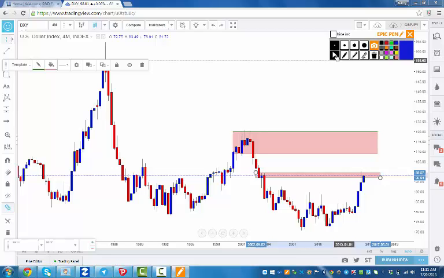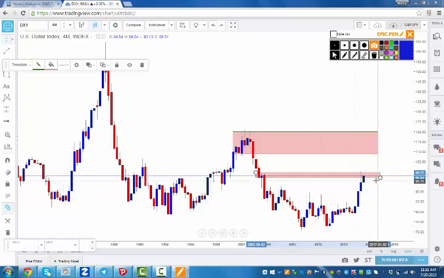Knowing that the euro is weak and the higher time frame is downtrend, you can always look for a long, provided you try to get out within the same day or the next day, because we won't know what kind of bad news is going to come out from the eurozone again, right? Anytime you have bad news, you can see that the euro will just tank again.